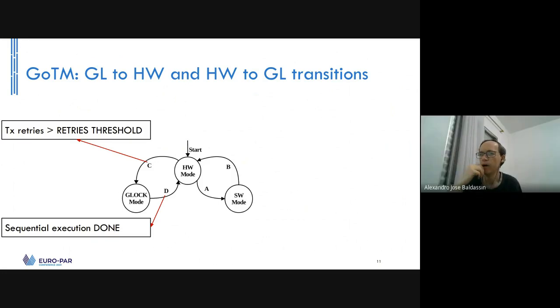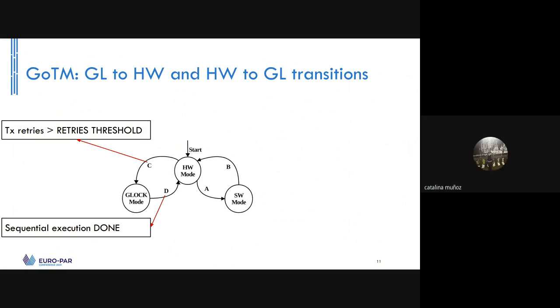Galois would be another execution mode. Is that possible to do? If you discover at runtime that both hardware and software are doing badly, you go to Galois. But then we have to decide when to go back to software or hardware, so that doesn't look very easy to do.